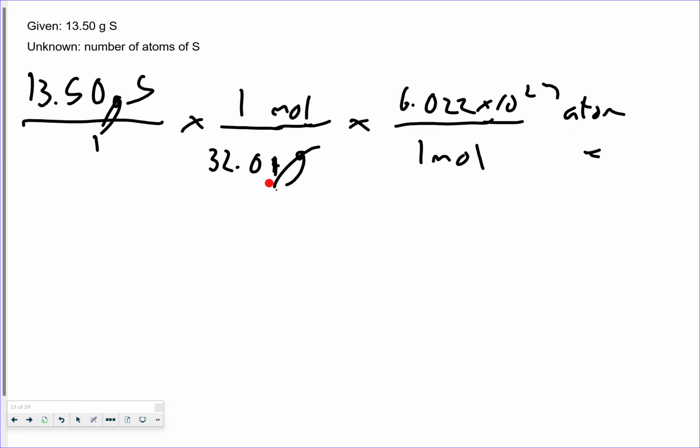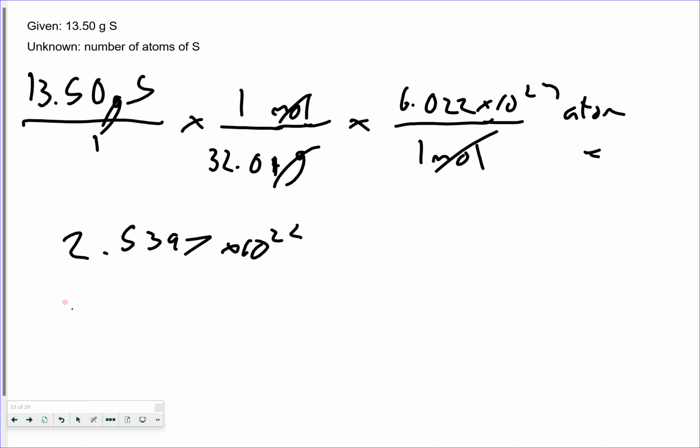Grams cancel, moles cancel, and we are left with atoms. I'm going to crunch some numbers, and I'm getting 2.5397 times 10 to the 23rd.